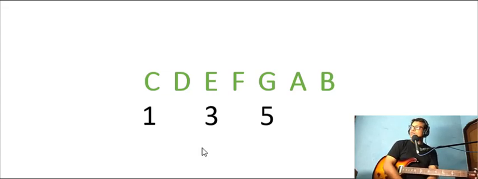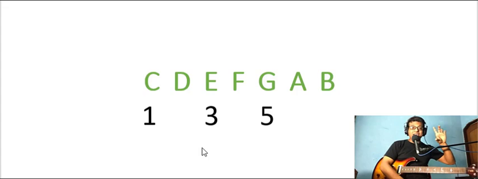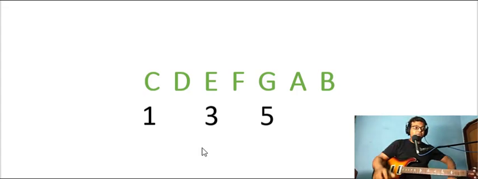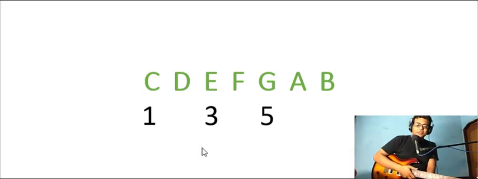Play one means only play the root. The triad must have a root. Without the root, you don't have a face. You cannot recognize a person if the person doesn't show their face, right? Sometimes you cannot recognize a chord if it doesn't have a root. So the root is the face, the recognition of any chord or triad.